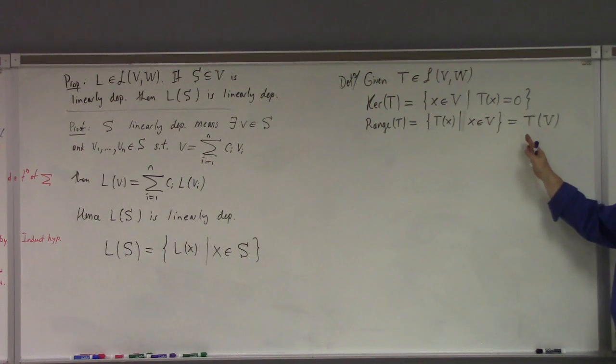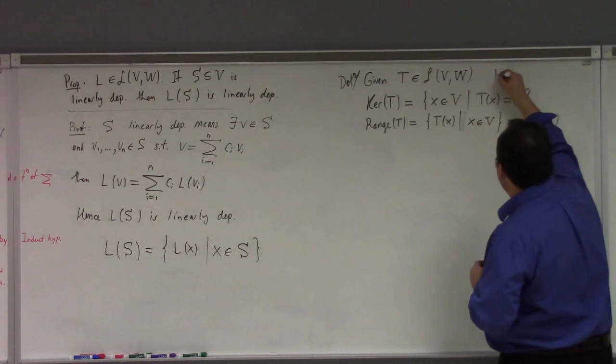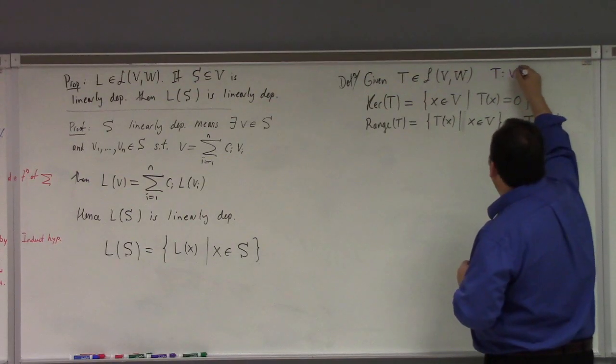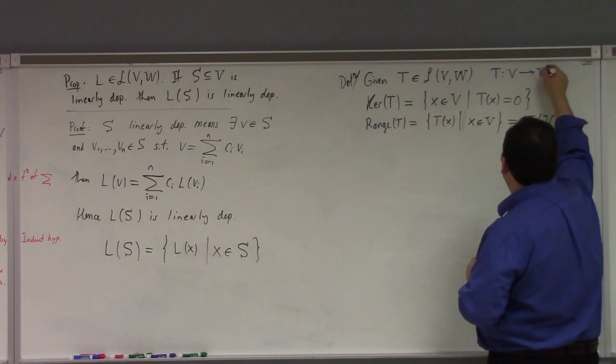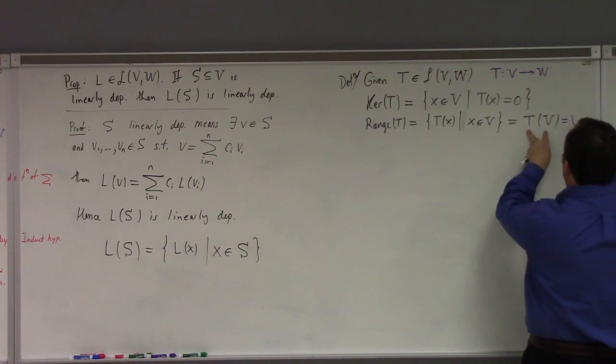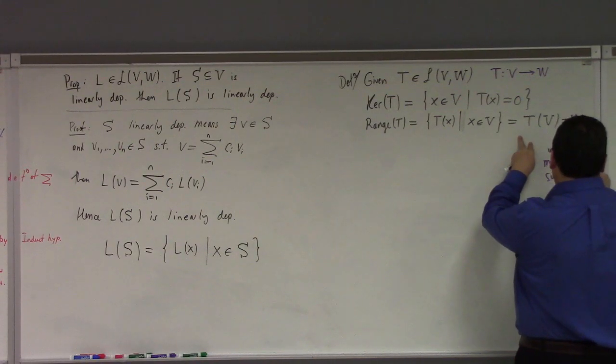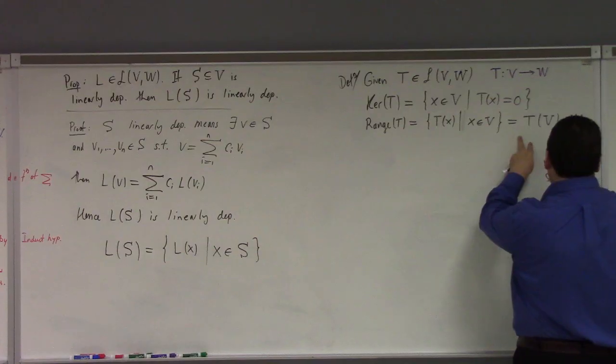Remember, T here is a mapping from V to W. That's what that notation means, the linear map from V to W. So to say T is surjective is to put an equality of this in W. This is what we mean by surjectivity of T.